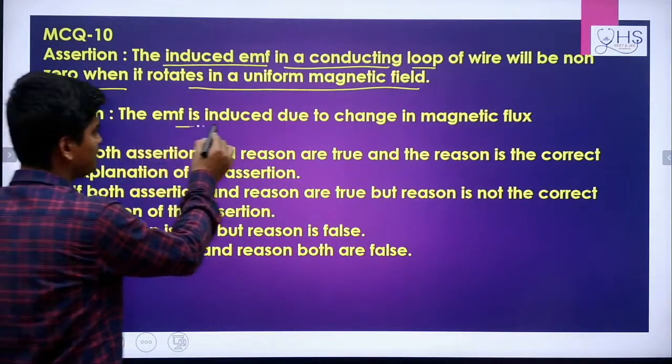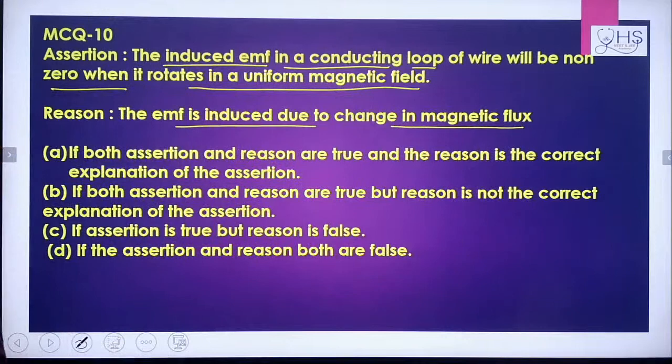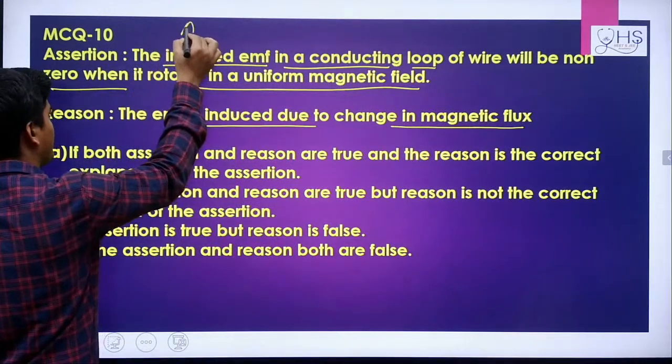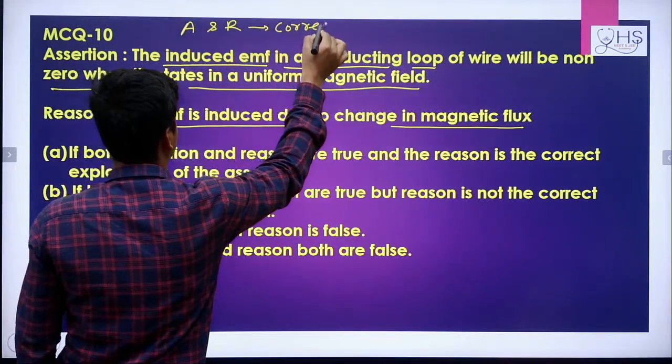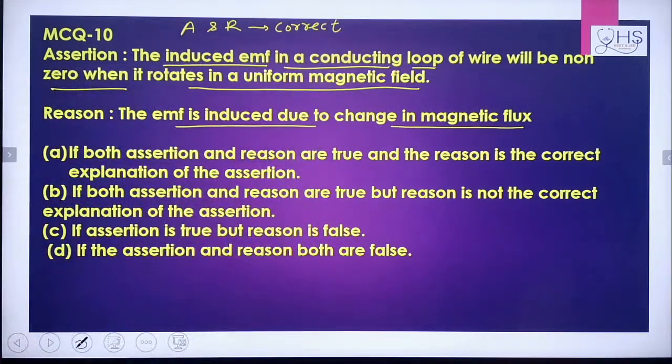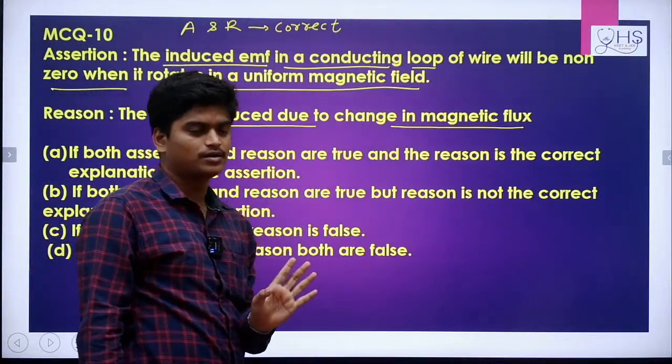Now they are telling the EMF is induced due to change in magnetic flux. Yes, that statement is also correct. That means here both assertion A and reason R are correct. Now next is, is this the correct explanation? Yes. It is the correct explanation because due to change in magnetic flux only, induced EMF is created.